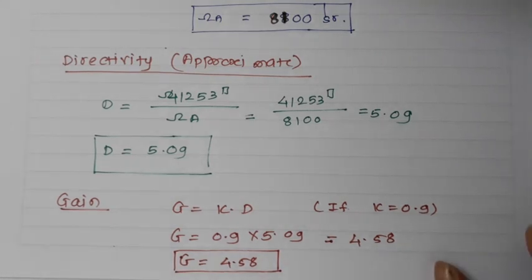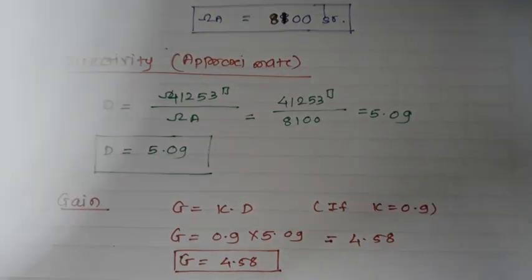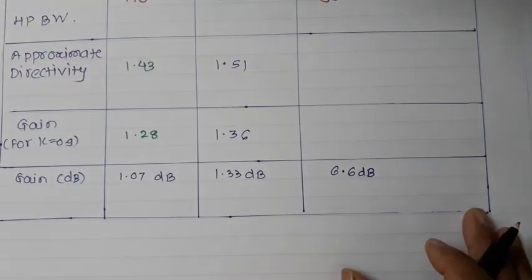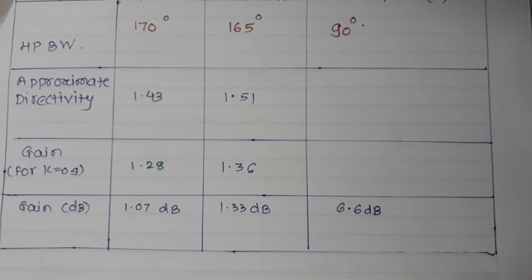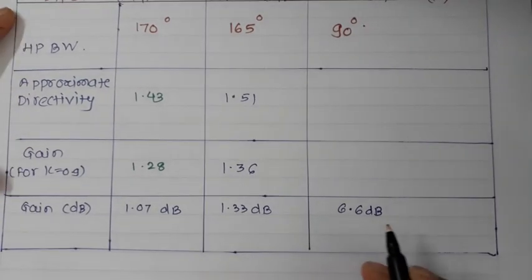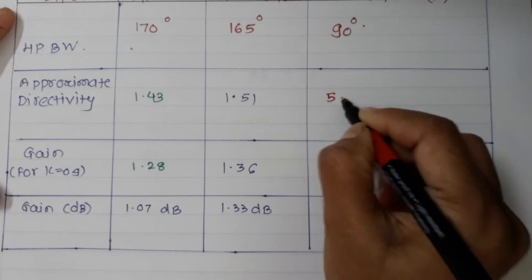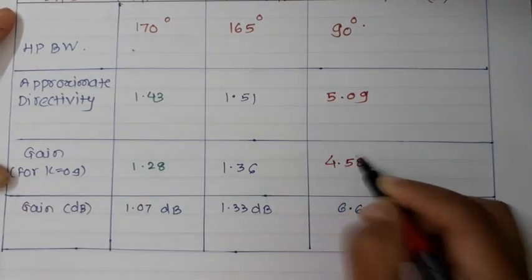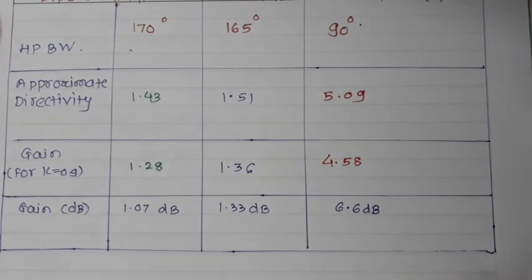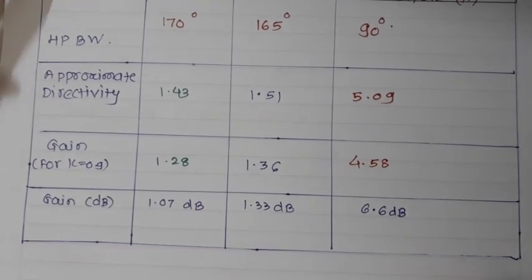Now I'll write all these things in my tabular form, where I have already written some of the values. So here I have the half power beamwidth as 90 degrees. Then the approximate directivity here is 5.09. The gain here is 4.58. So this is how we have got the values for the three antenna comparison.